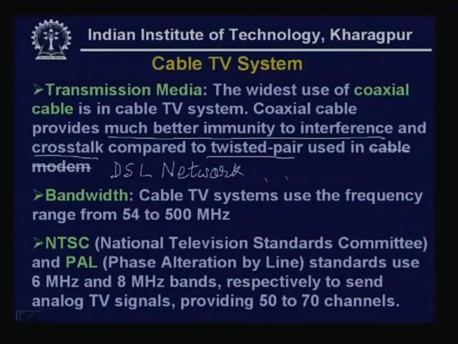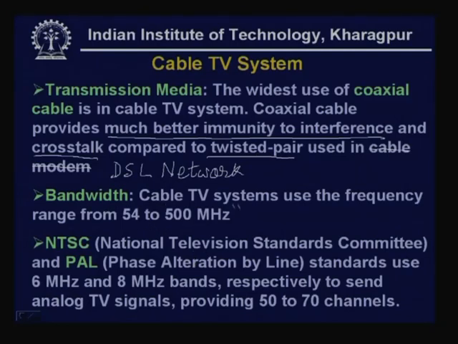That means the bandwidth of the twisted pair is not fully exploited because of the noise, interference, crosstalk and so on. So, the actual bandwidth available is restricted, and as a consequence the overall available bandwidth is much less, and obviously the coaxial cable used in your cable TV system provides a better alternative and gives you higher bandwidth.